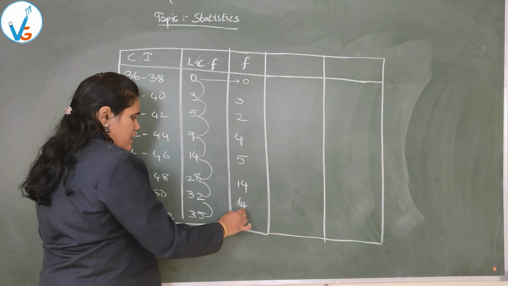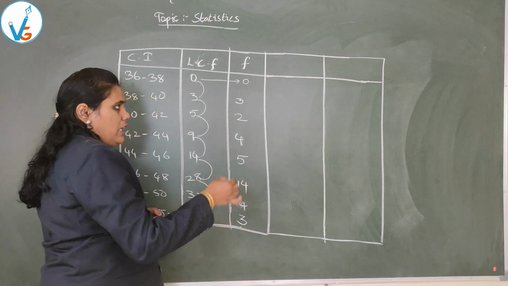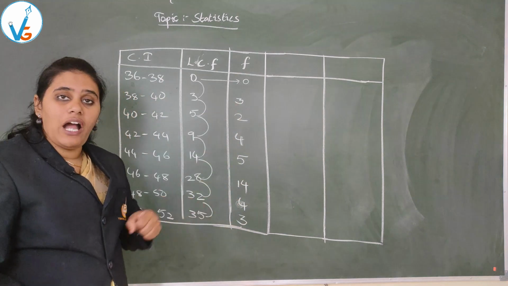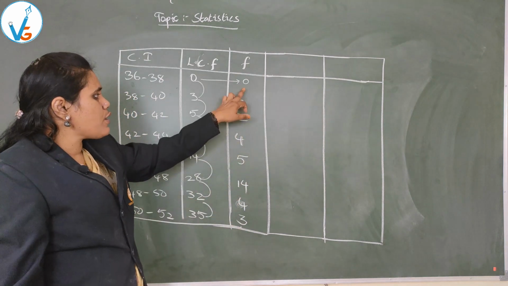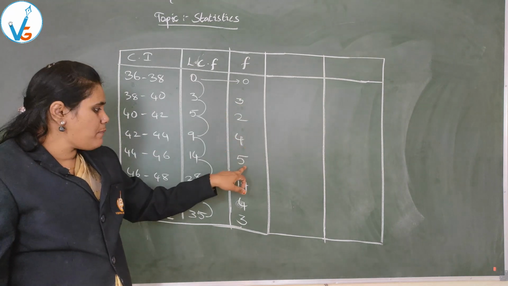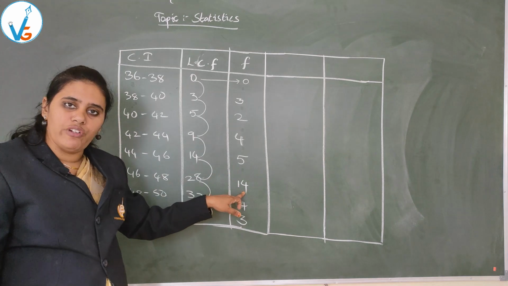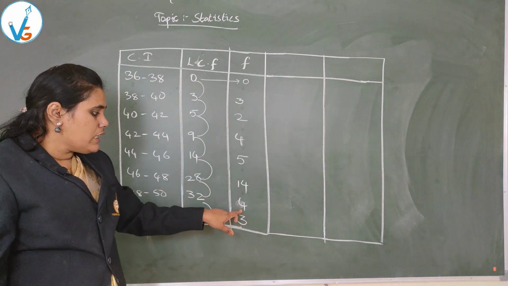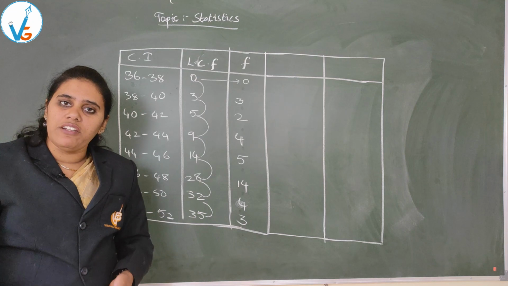Next 35 minus 32 will be 3. If you add these all, you have to get 35. So 0 plus 3 is 3, 3 plus 2 is 5, 5 plus 4 is 9, 9 plus 5 is 14, 14 plus 14 is 28, 28 plus 4 is 32, 32 plus 3 is 35.